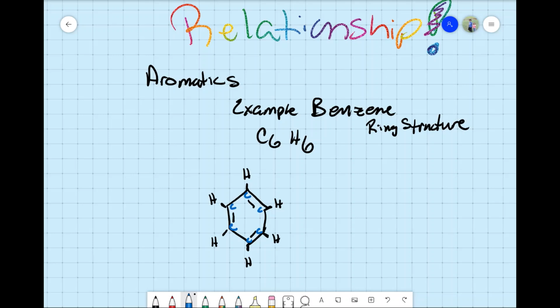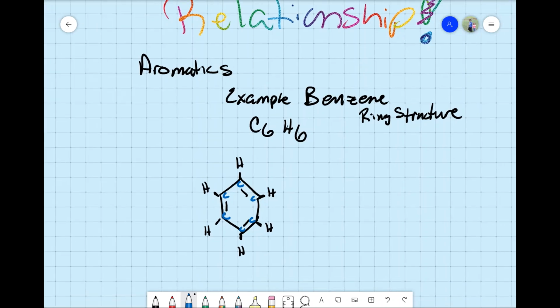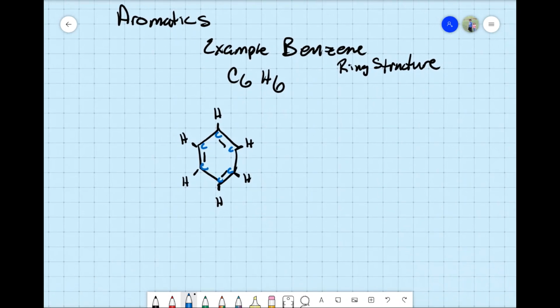Benzene is extremely important, and I'll talk about this again, but aromatics start becoming really important in polymer structure because they strengthen polymers.